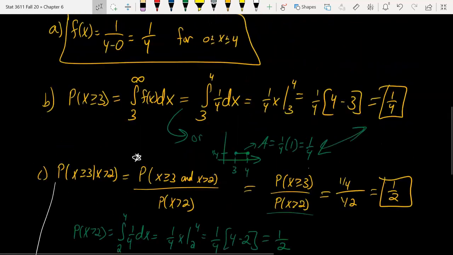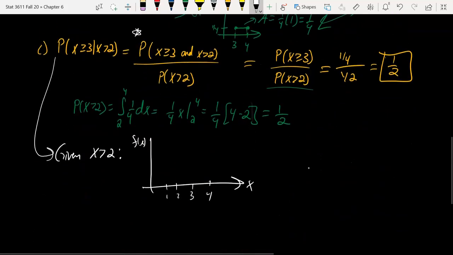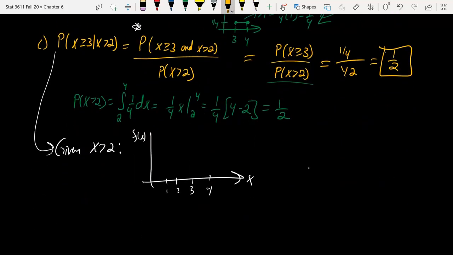Remember, we were originally on the interval from 0 to 4. So we are originally from 0 to 4. So 1, 2, 3, 4. And our PDF was originally a quarter. So we had this here.